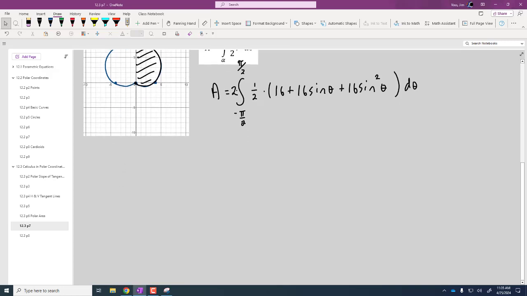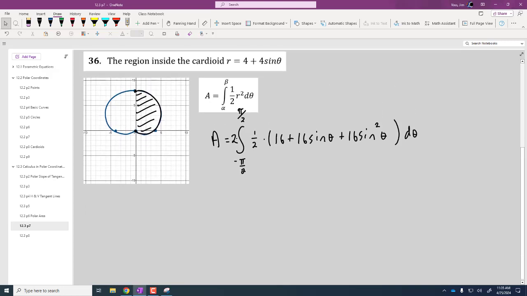Would be 32 something? Maybe, something feels funny. The middle should be 32. Oh yeah, that should be 32. I can foil, I promise. I know how to foil.